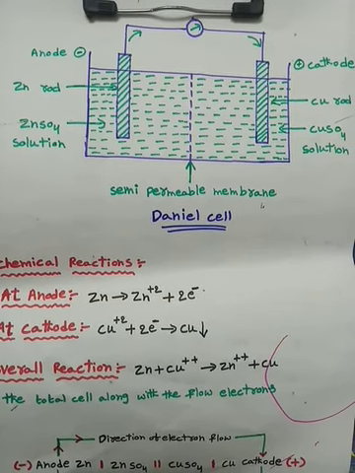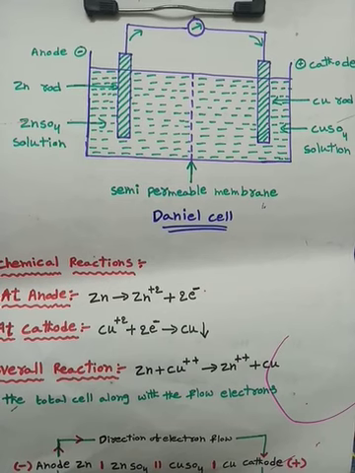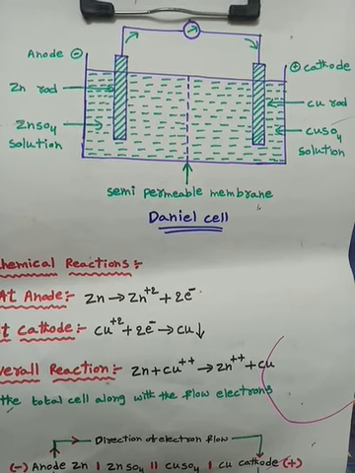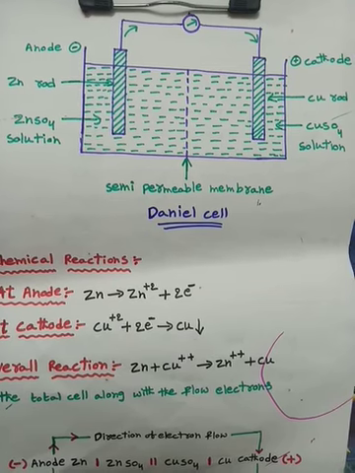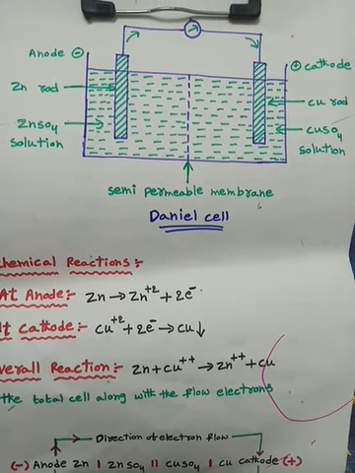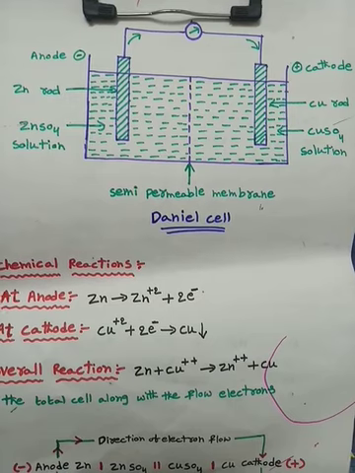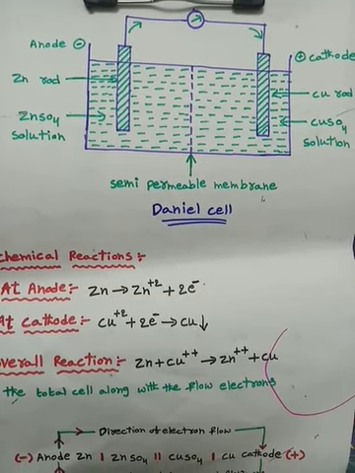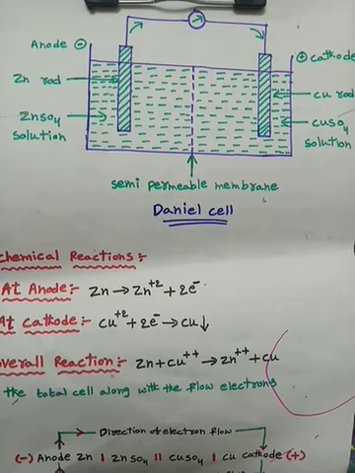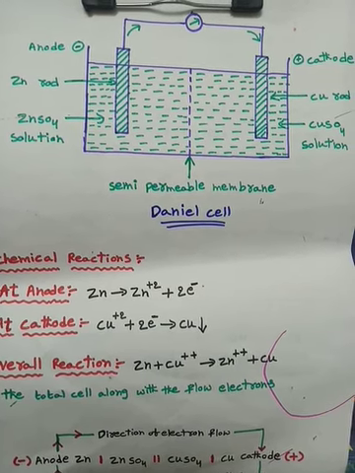Now, this is the Daniel cell or the galvanic cell, which converts chemical energy into electrical energy. This topic is helpful for intermediate students as well as engineering first year chemistry students.